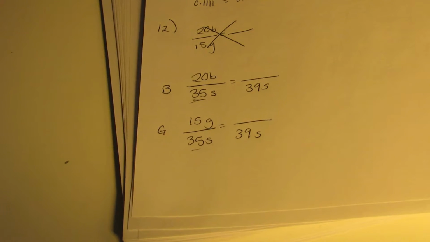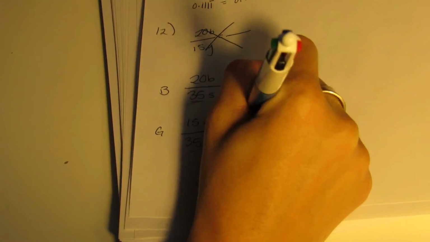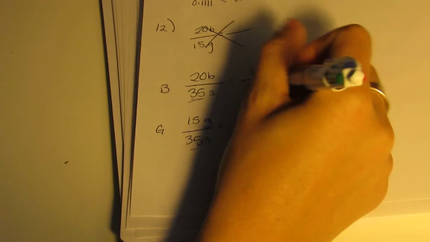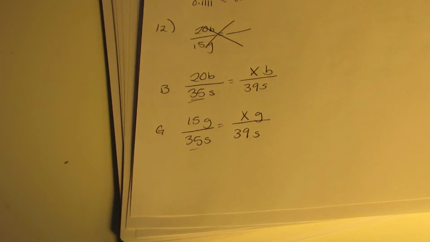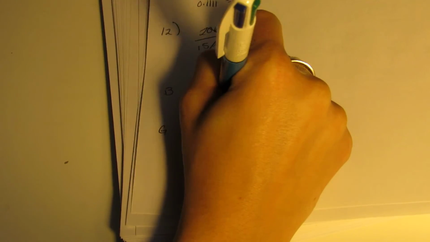So I want to figure out how many boys there are and how many girls there are as well in that new total. Alright, so I'm going to go ahead and divide 39 by the smaller number, which is 35, to get my scaling factor of 1.114. Same thing for the girls.